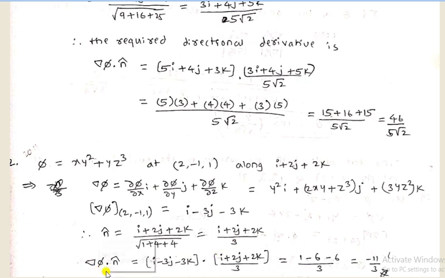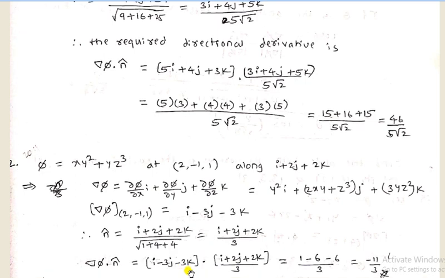Then applying del phi dot n cap, take the dot product of these two results. (i minus 3j minus 3k) dot (i plus 2j plus 2k) divided by 3, which is equal to multiplying i dot i, j dot j, k dot k. So 1 into 1, minus 3 into 2 is minus 6, minus 3 into 2 is minus 6, whole divided by 3. So which gives the directional derivative as minus 11 divided by 3.